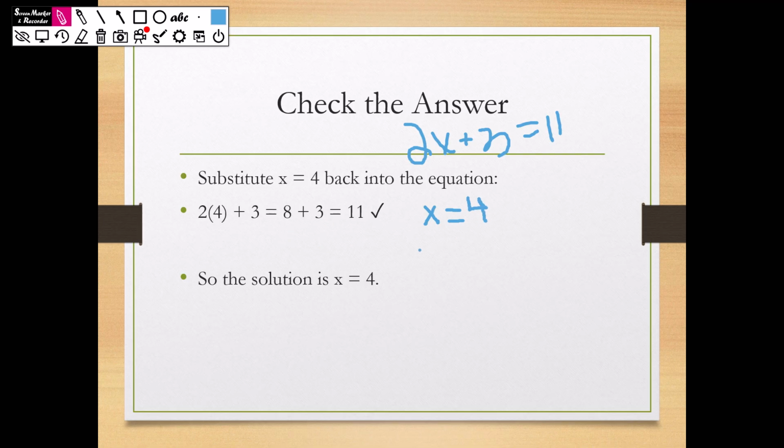So in order to make sure that our answer is correct, we're going to substitute our answer in the main equation.